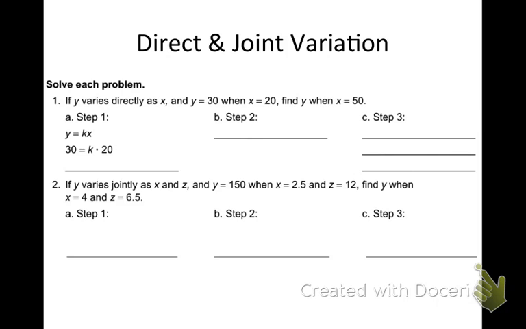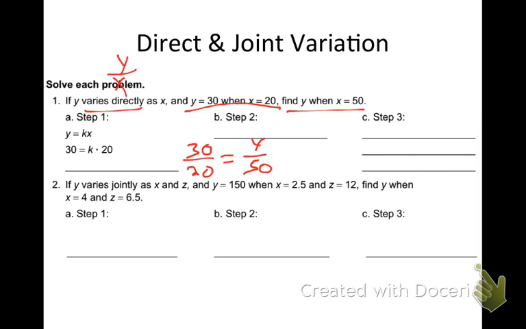So let's look at number 1 here. If y varies directly as x, so again, varies directly means y over x, and y equals 30 when x equals 20, so 30 over 20 equals, find y when x equals 50, y over 50. Then I can use what process to solve these?